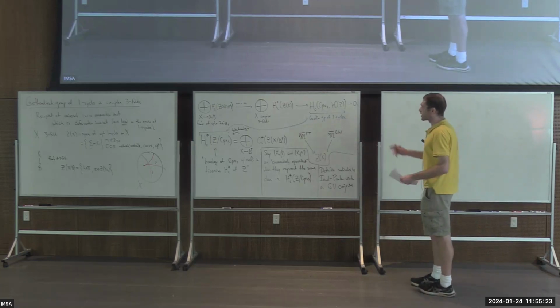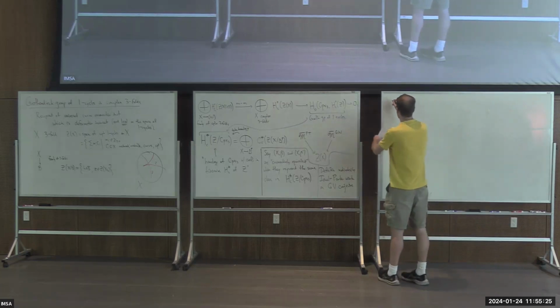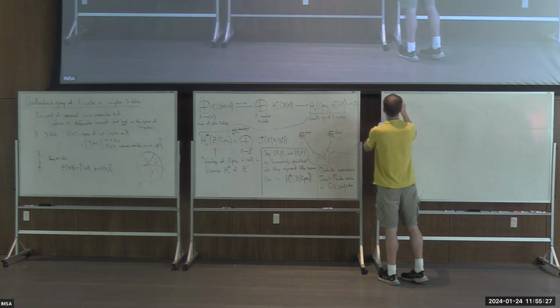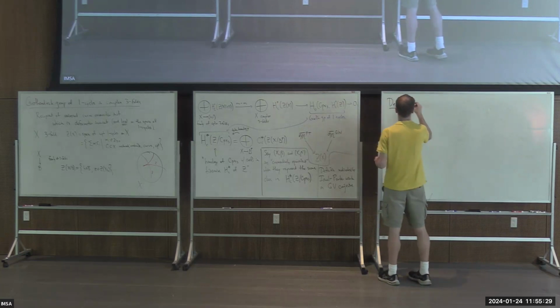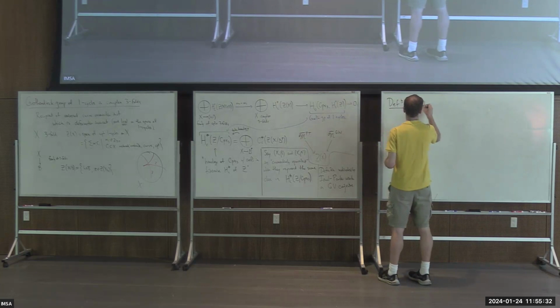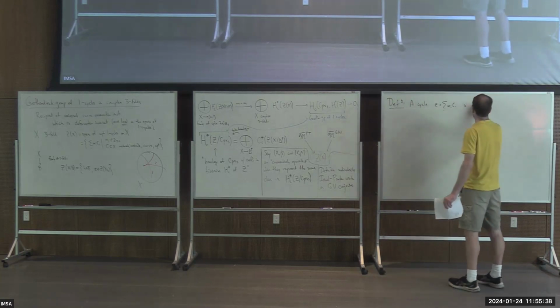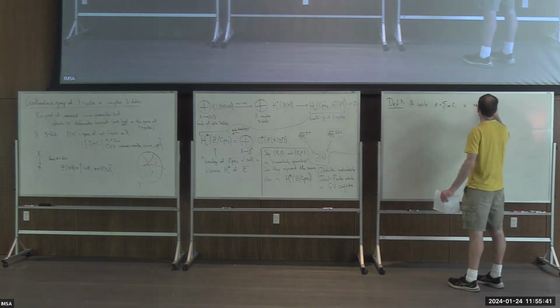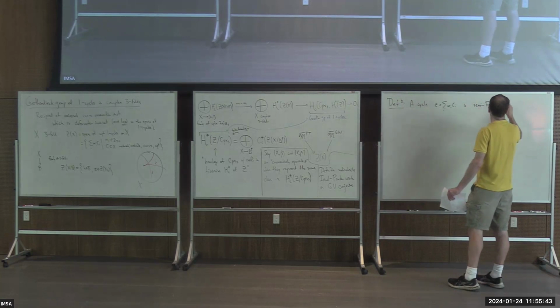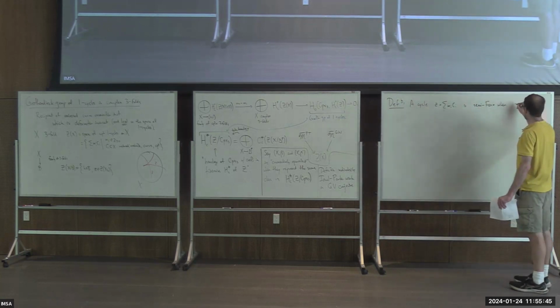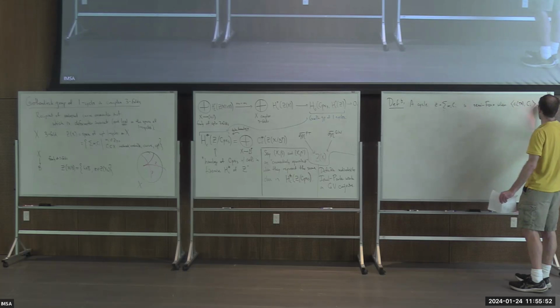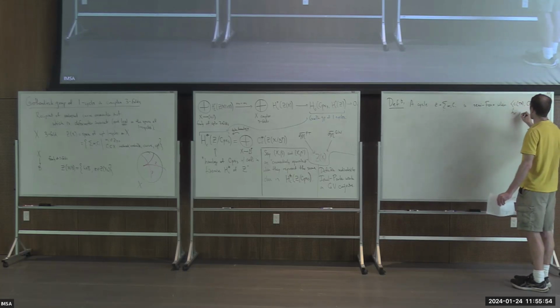Okay, so let's say something here about this group, but first I want a definition. A one-cycle is called semipositive when each of all of the curves pair non-negatively.